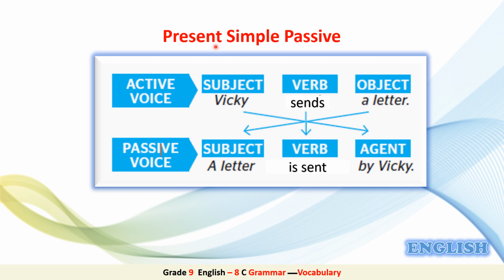If it is present simple, we put am, is, or are. As the object is singular, only one letter, we use is. Then we change the present simple verb to past participle. So it becomes a letter is sent, then we use by plus the agent, by Vicky.